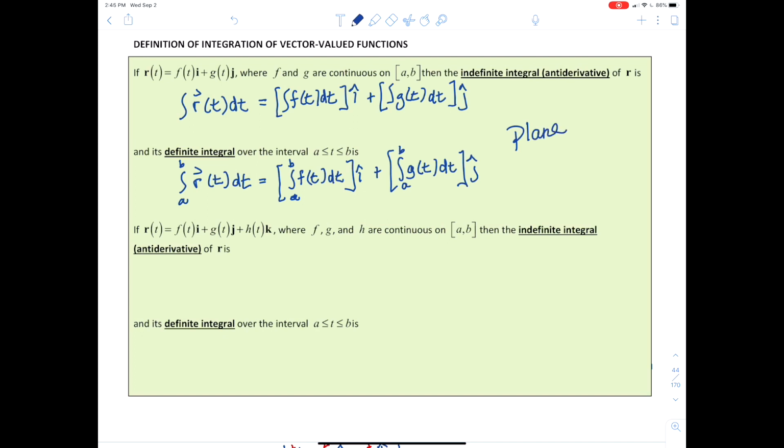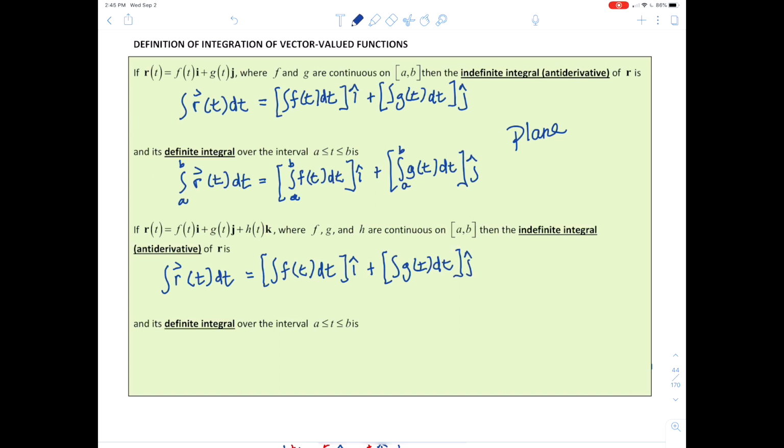So this, of course, refers to the plane. And in space, you've got these conditions here. So we would have the integral of r of t dt would be the integral of f of t dt times i plus the integral of g of t dt times j plus the integral of h of t dt times k.